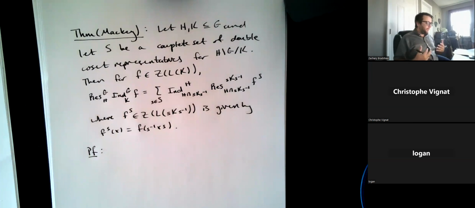So how do I prove this? Well, there is a correct set of left coset representatives for K in G that we need to select.